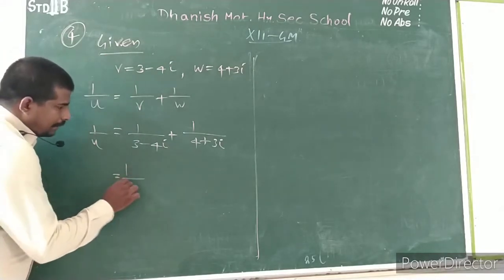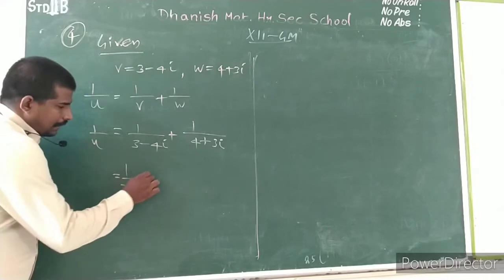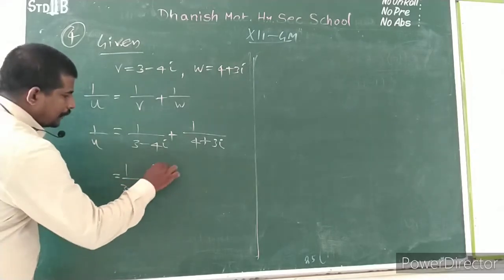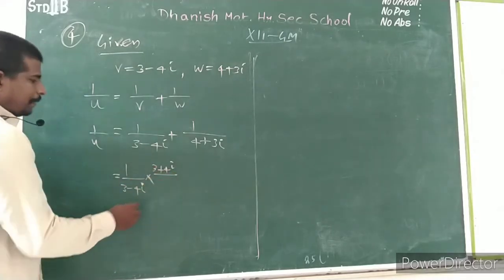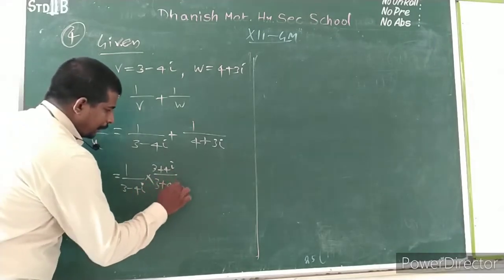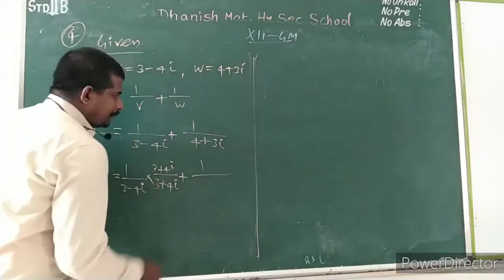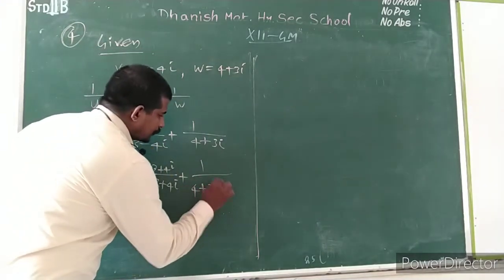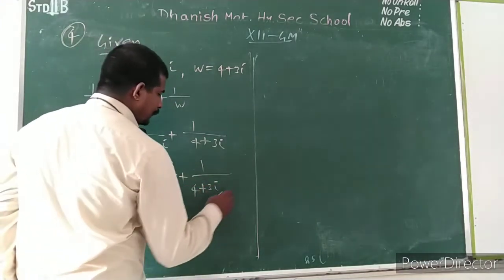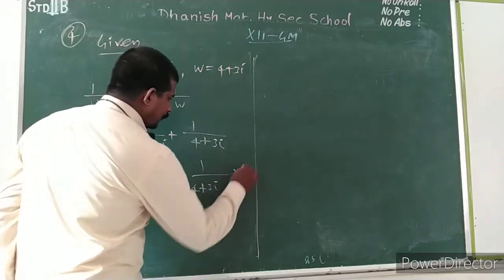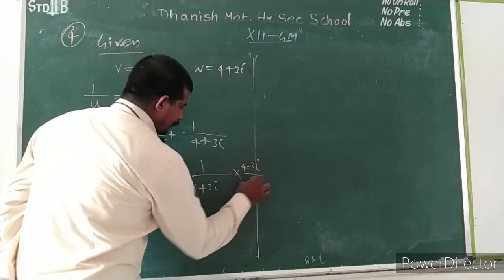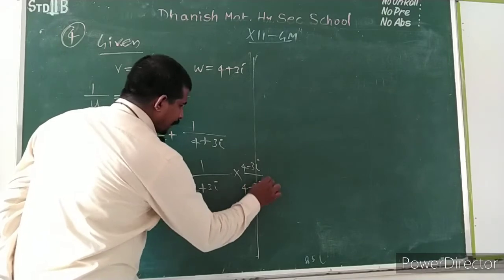So 1 by (3 minus 4i) into (3 plus 4i) divided by (3 plus 4i), plus, here also I am going to do the same thing, 1 by (4 plus 3i) into (4 minus 3i) divided by (4 minus 3i).